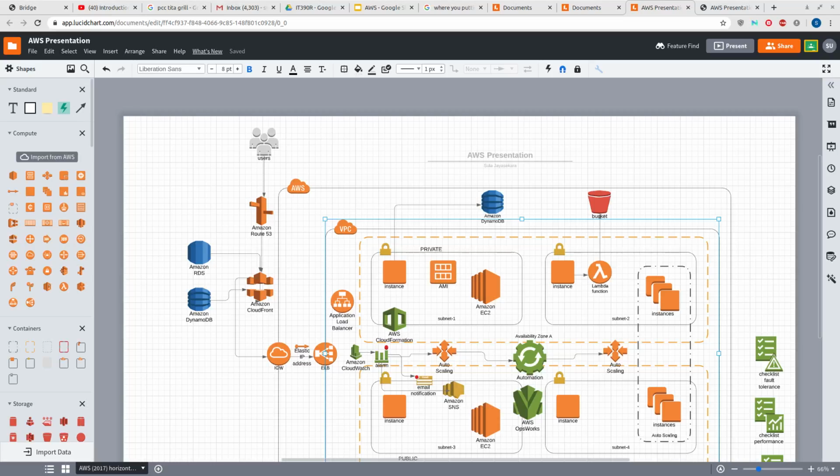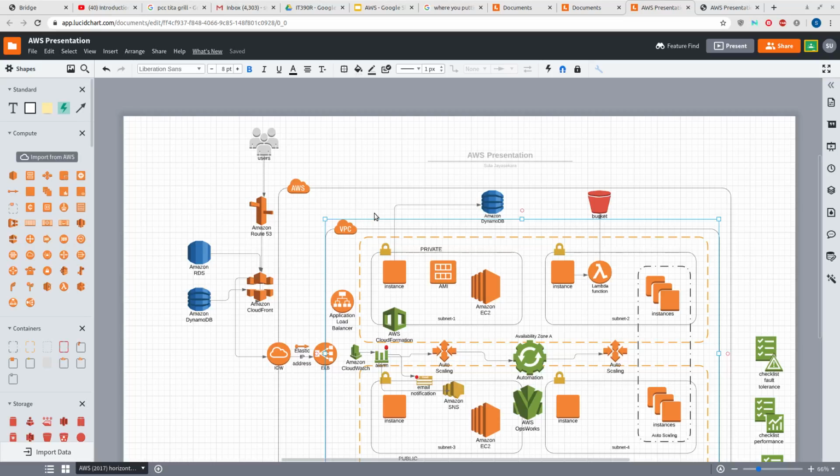It can respond to system-wide performance changes, optimize resource utilization, and we can get information about operational health. One important thing about CloudWatch is it can keep logs for us.